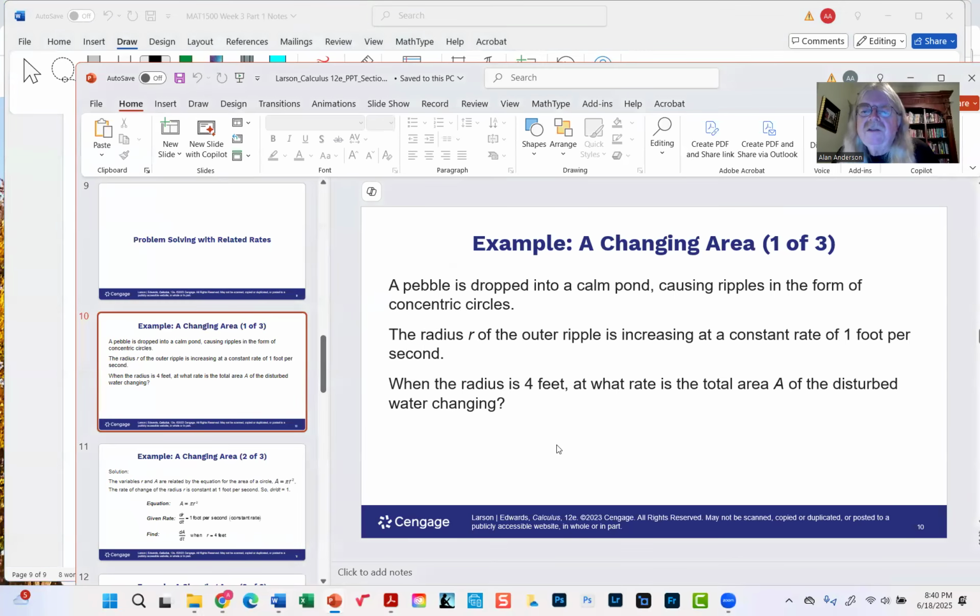All right, so the first thing we have to do is differentiate this expression. Now, pi is a constant, so we don't have to worry about that. We're going to have 2r based on the power rule, but then we need to use the chain rule because r is assumed to be a function of t.